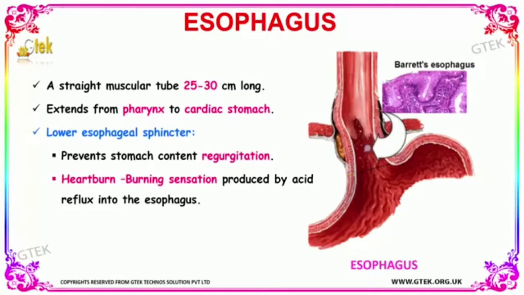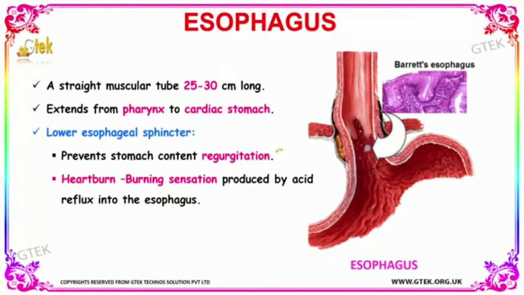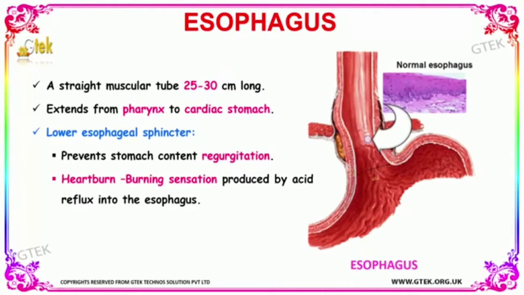The esophagus is a straight muscular tube, 25 to 30 cm long, and it extends from the pharynx to the cardiac stomach. The lower esophageal sphincter performs the function of preventing the stomach contents from regurgitation.